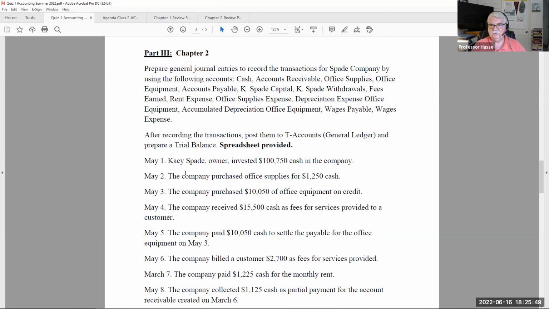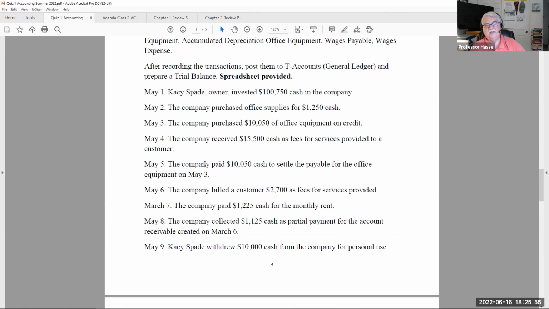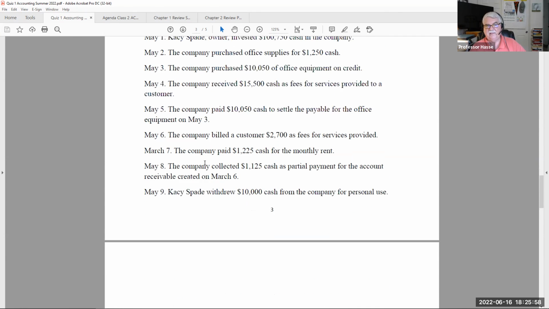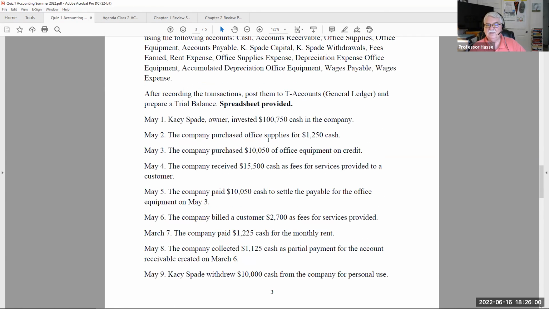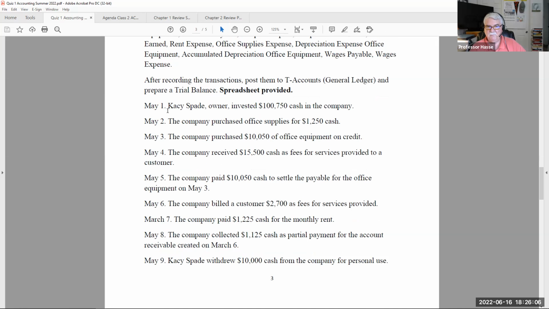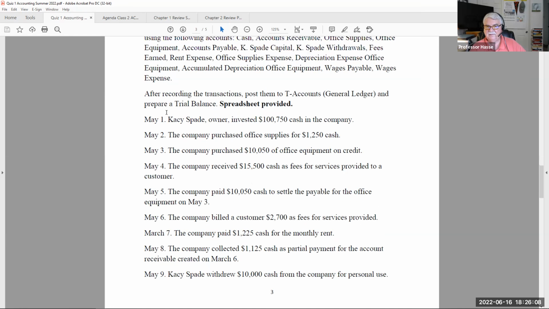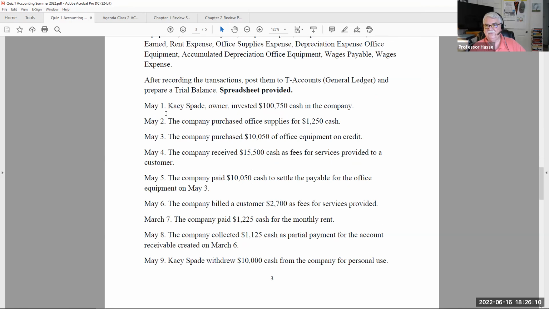Then you put those journal entries into a ledger of the accounts. And then when all these entries are done, May 1 through May 9th, you take all the account balances in the general ledger and prepare a trial balance. May 1st through May 9th, that's what you're doing. These basic business transactions are to practice these first 3 steps of the accounting cycle.